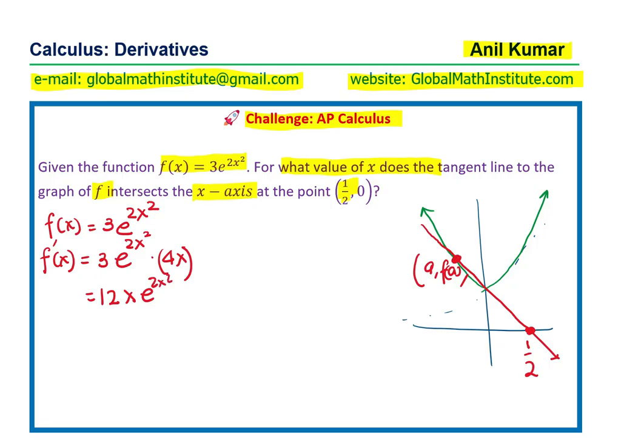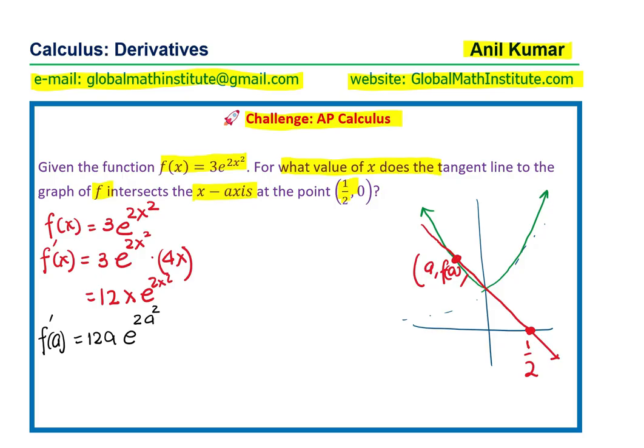At the point A, x will become A, so the derivative is 12a e to the power of 2a squared. That becomes the slope of the tangent at A, right?